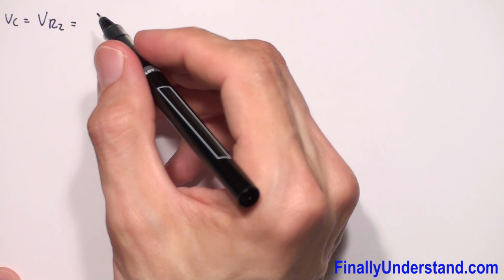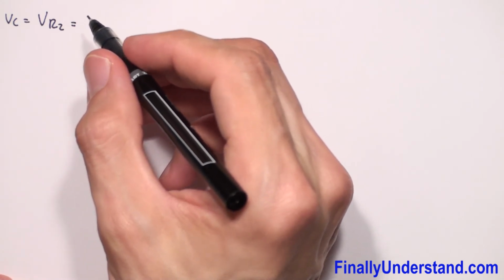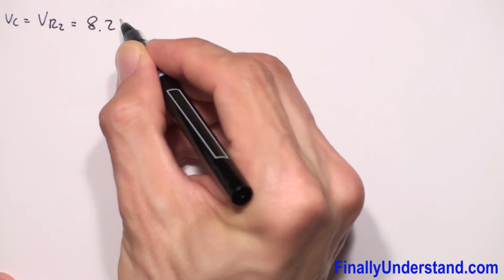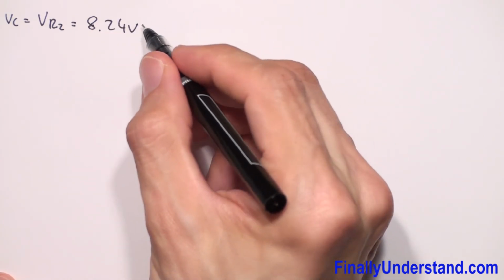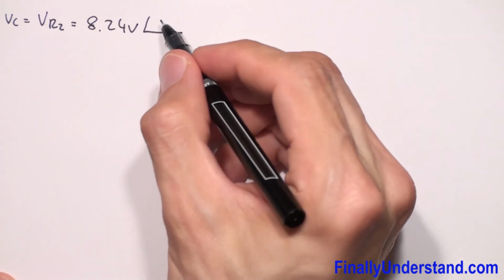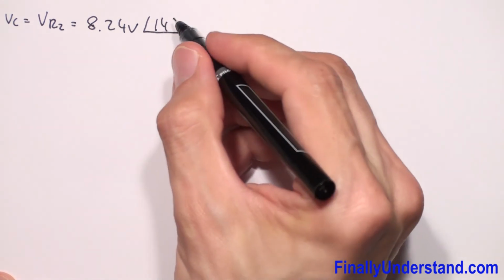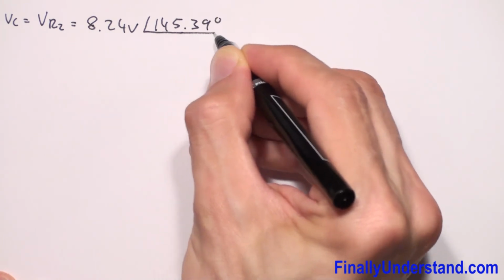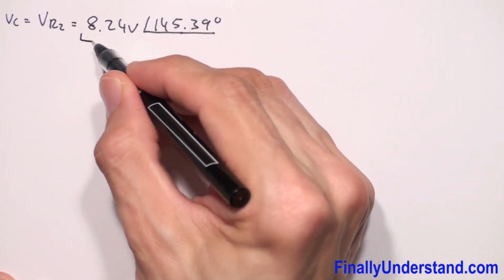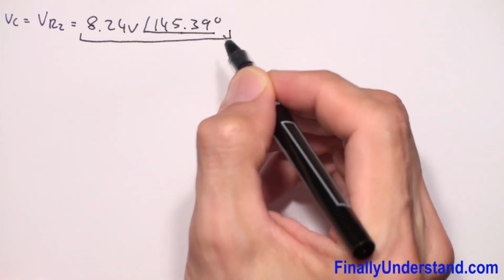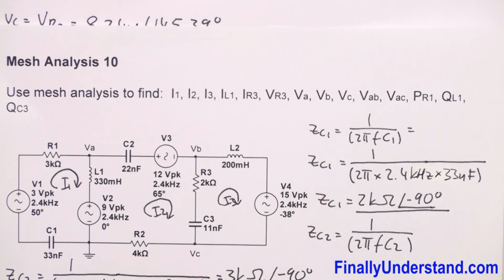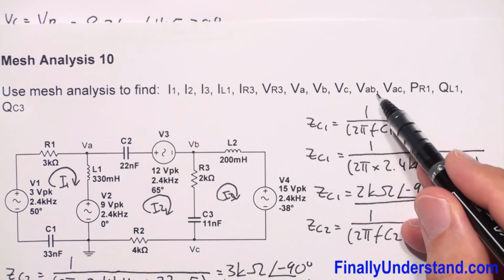And we found VR2, and this is equal to 8.24 volts and angle of 145.39 degrees. So this is my voltage VC.